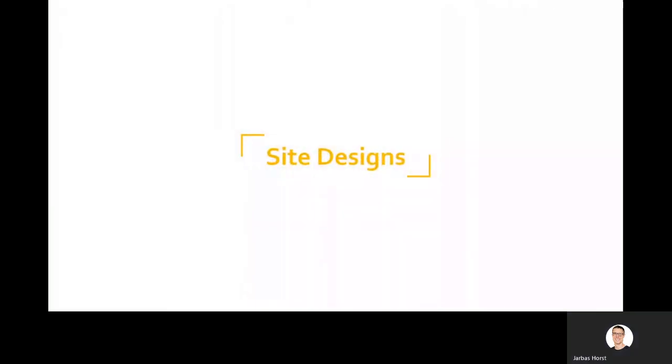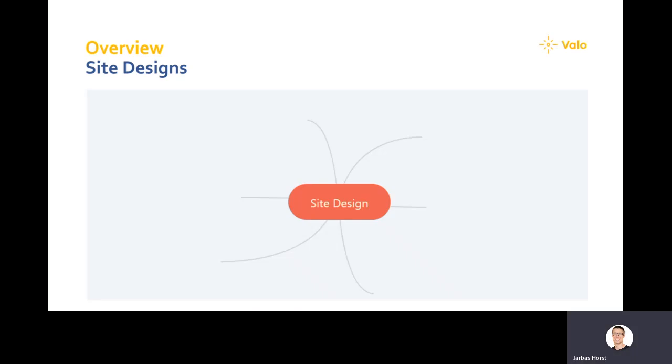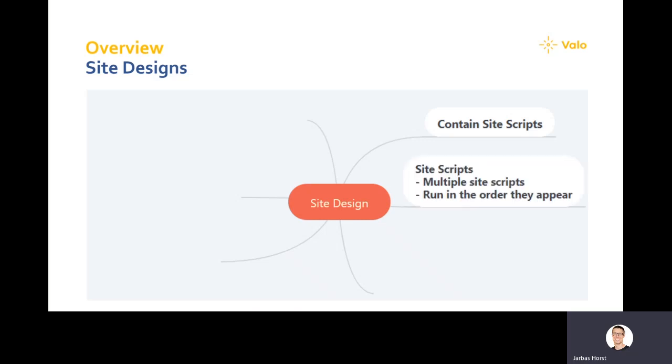In the next slides, I will show you site designs. Here, an overview, a live demo, and pitfalls. The overview. A site design contains site scripts. Here, I define what will be applied to a site collection, since I can select what site scripts I want to associate with the site design.